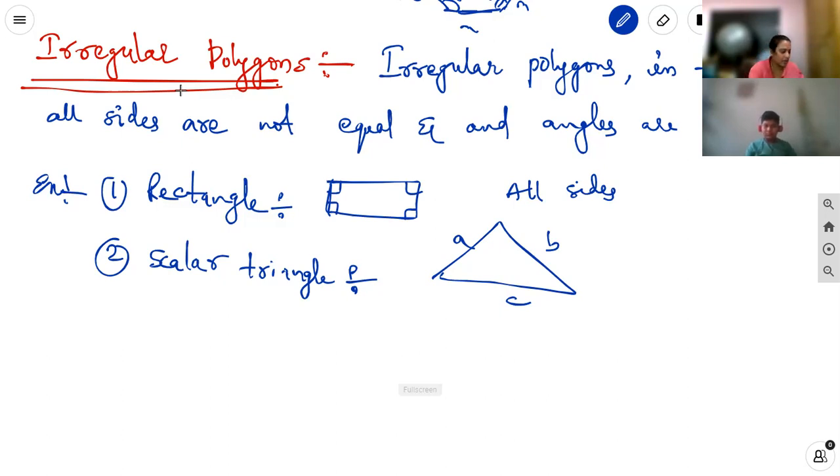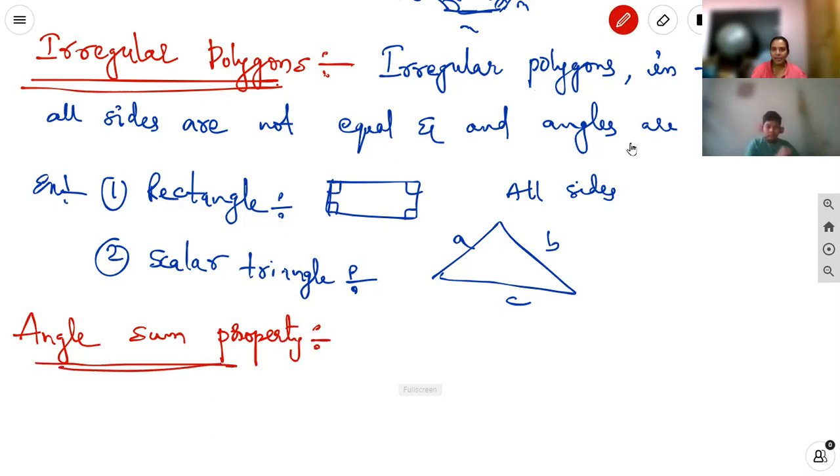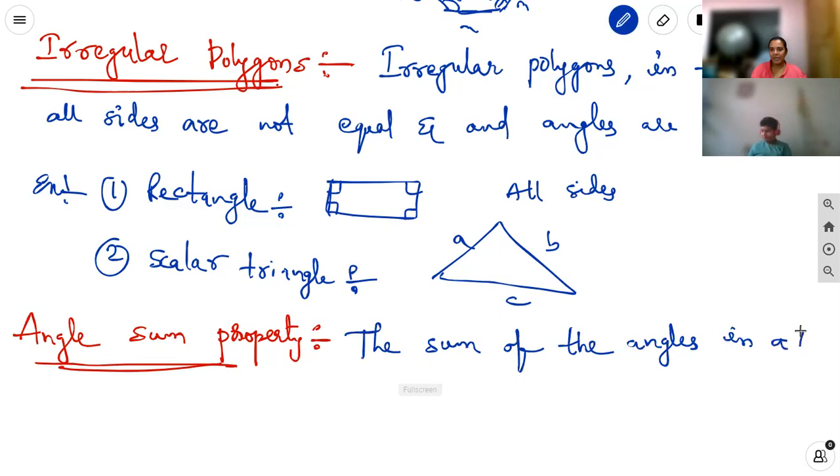Next, the angles in the polygon, angle sum property. Angle sum property means we know in the triangle, the sum of the angles in a triangle is 180 degrees.